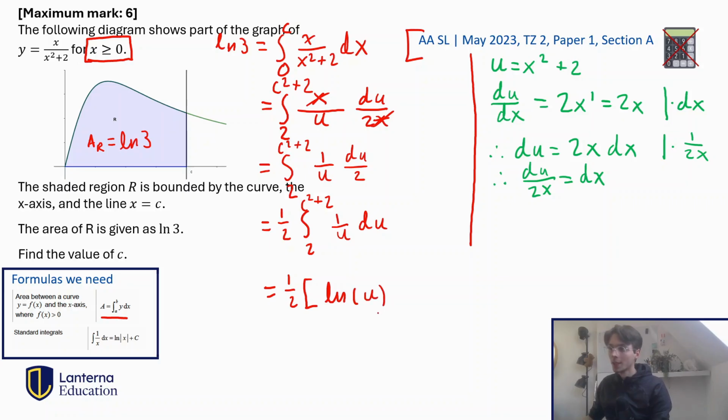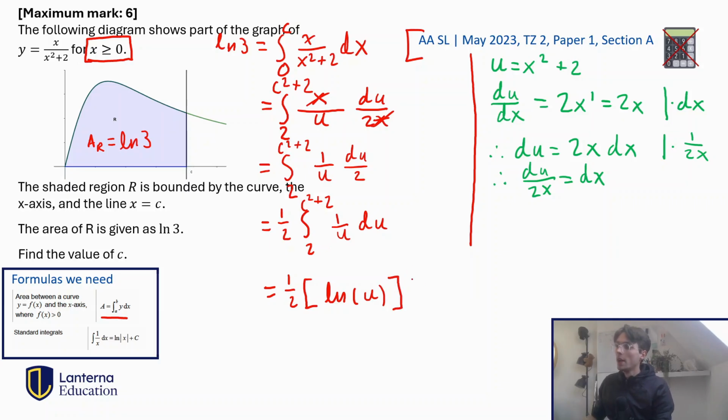Now I could say ln absolute u, but u by definition has to be a positive number because it's x squared, right? So anything squared is always positive. Plus 2, so something positive plus something positive will be positive. So I'm not going to bother with the absolute signs, because remember, what do absolute signs do? They just turn any negative number into a positive number. But everything's positive anyway, so I'll just ignore those.